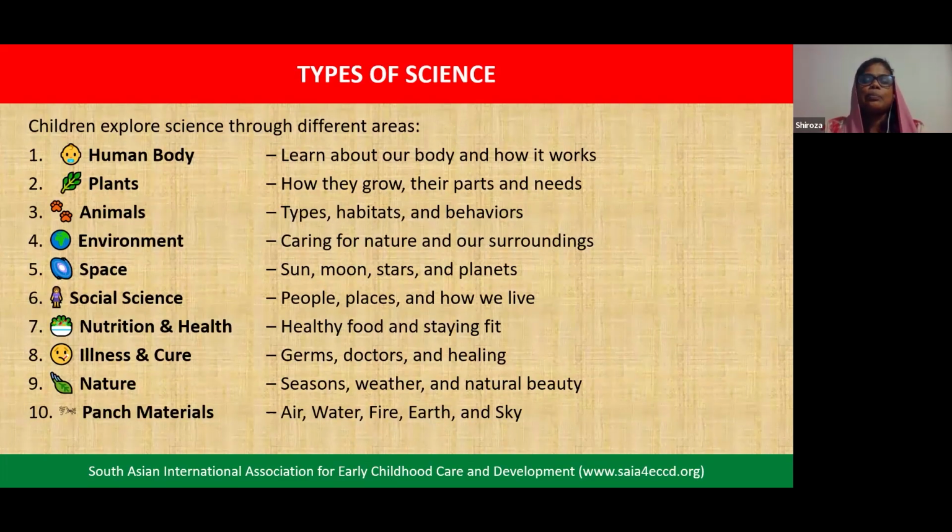Social science: people, places, and how we live. Nutrition and health: healthy food and fitness. Illness and care: germs, doctors, and healing. Nature: seasons, weather, and natural beauty. Materials: air, water, fire, earth, and skies. These are the types of science children learn through different areas in their daily life.